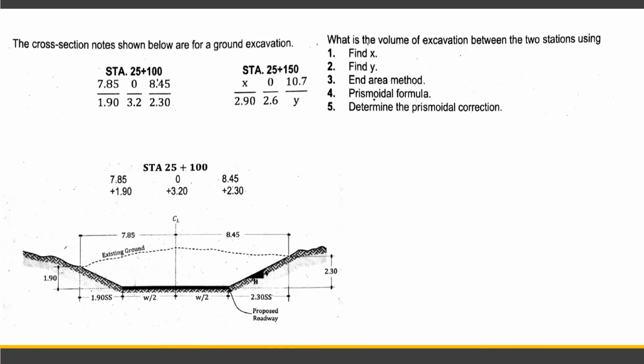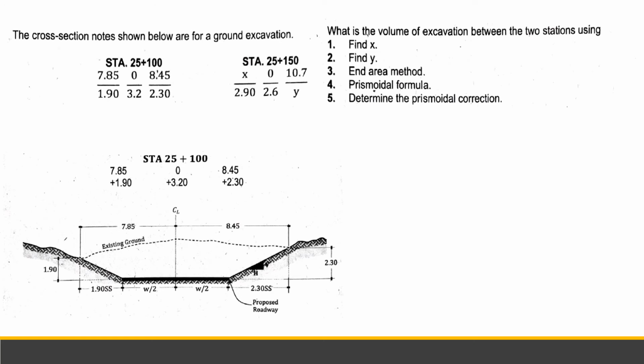So the cross-section notes shown below are for a ground excavation. So at station 25 plus 100, the XL is, let's refer to this figure, 7.85, 8.45, YR is 2.3, YL is 1.9, and W over 2 here.